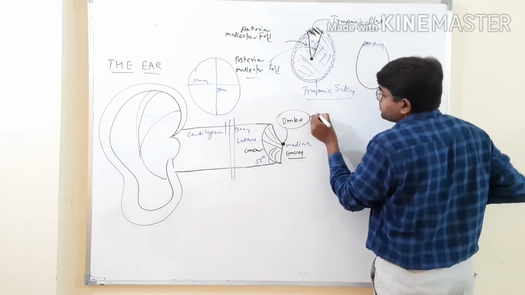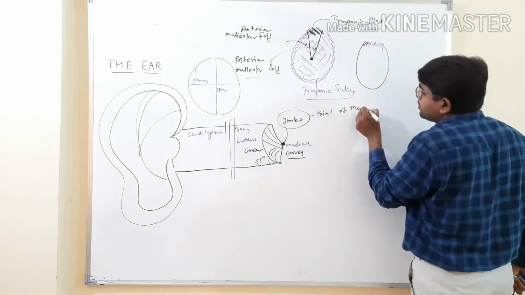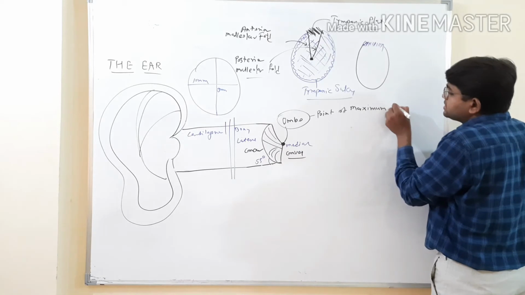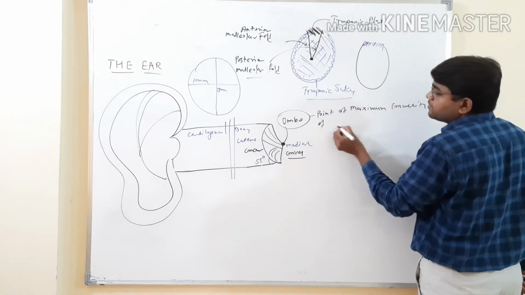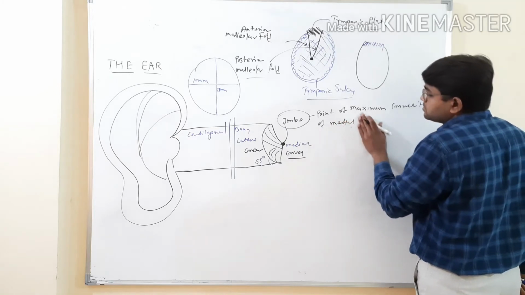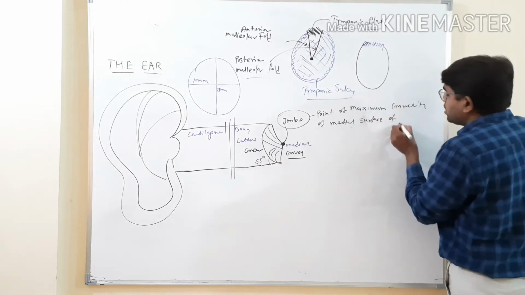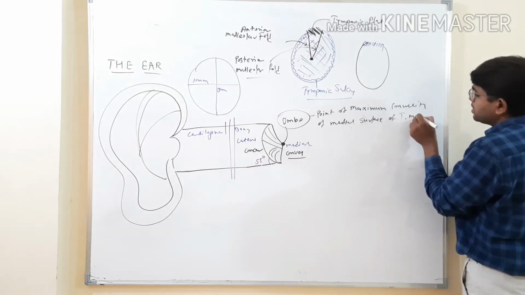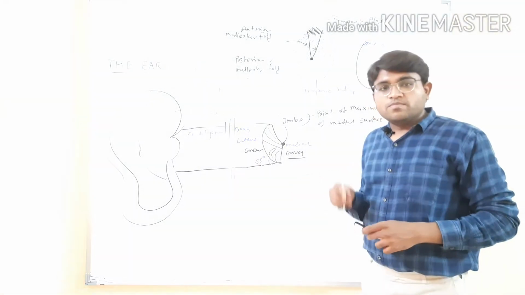Umbo is the point of maximum convexity of the medial surface of the tympanic membrane. Okay, so this is known as the umbo.